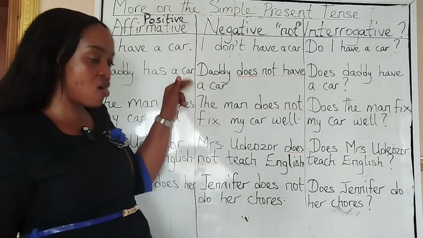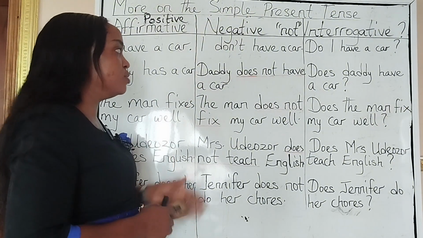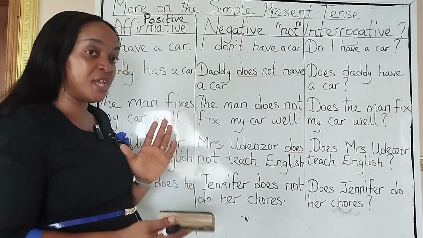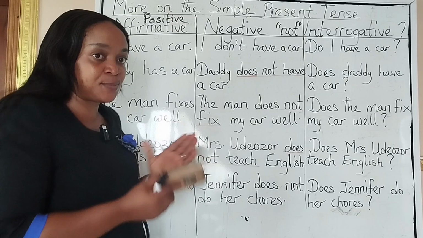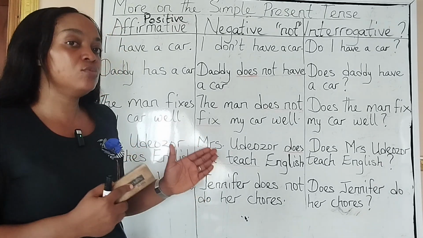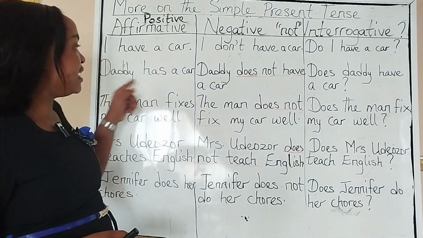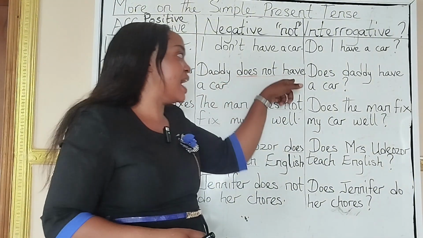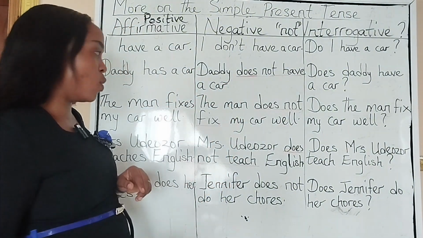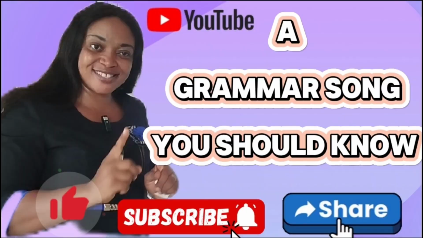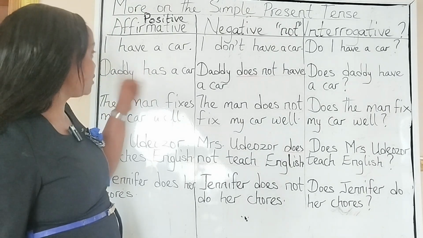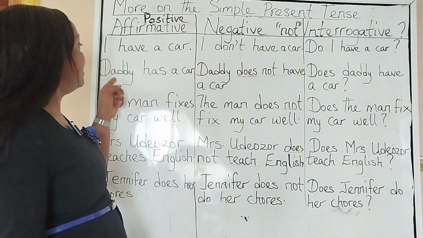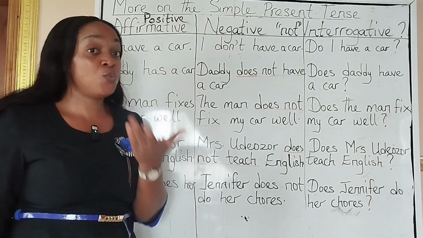Daddy has a car. Take proper note here. There will be a little change in expression when it comes to negative. Daddy has a car. Here becomes Daddy does not have a car. First of all, I want to remind you that has goes here because Daddy can be replaced with he.